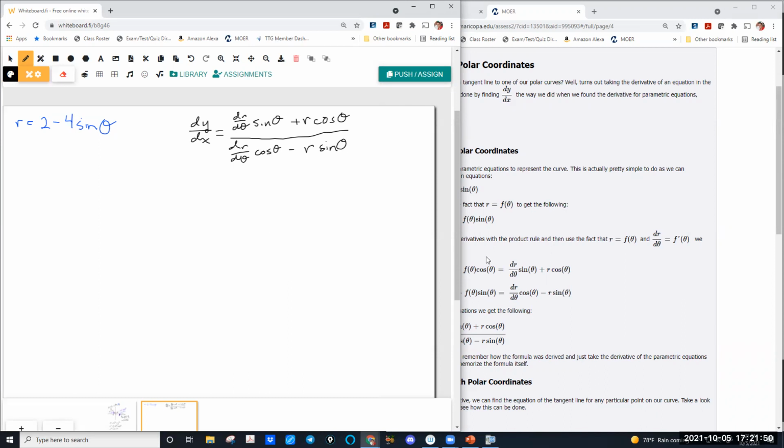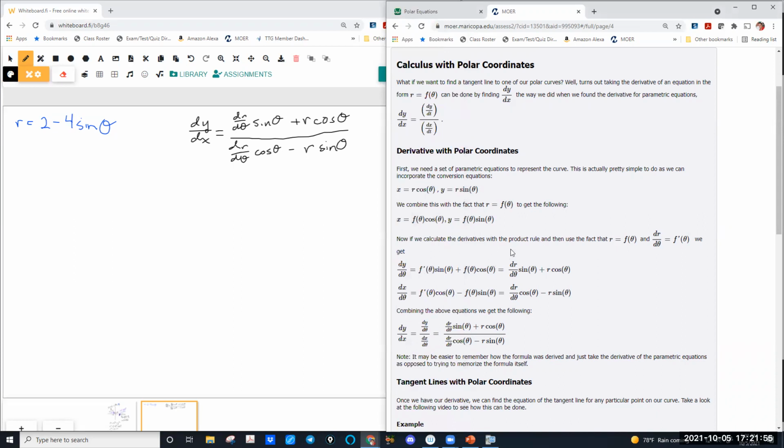You do not have to derive it again. The derivation's here. Where it comes from is all right here, leveraging what we did last time in parametric equations.